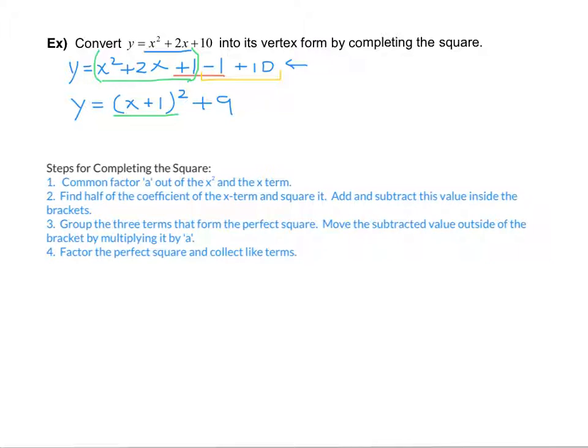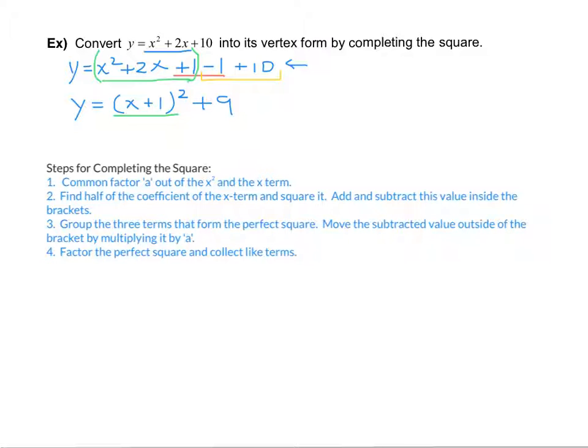Okay, so our steps for completing the square are to common factor a out of the x squared and the x term. Now I didn't do that on the example above because the a was just a 1, but I could have divided both of the first two terms by 1. Then we found half of the coefficient of the x term, so we took half of the 2, and then we squared it, which gave us 1.